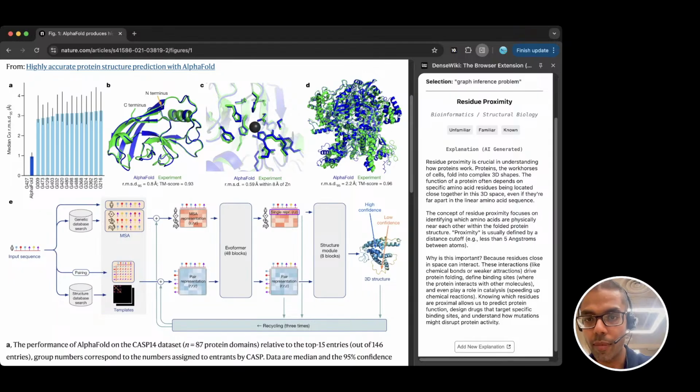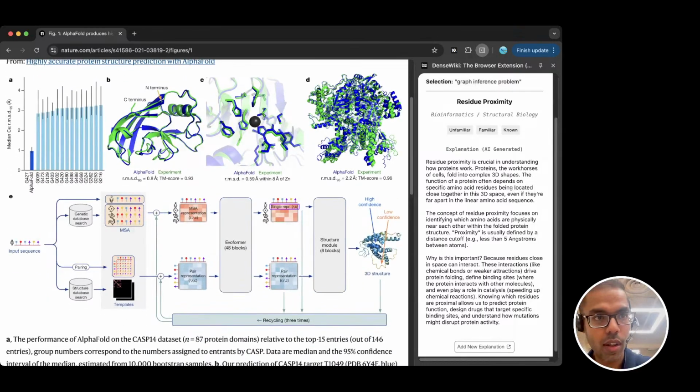By turning it into a graph inference problem, you're trying to see which beads here are connected through a weak bond, basically a weak electrostatic bond, which is what residue proximity means. This in itself could be considered a graph, right? A 3D graph with many nodes and many connections between them. That's how this network sees the problem of converting it into a graph.